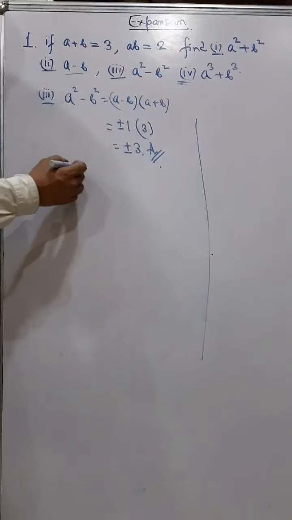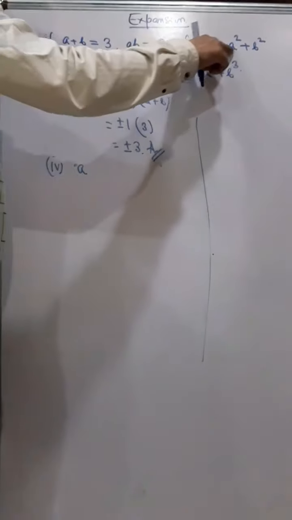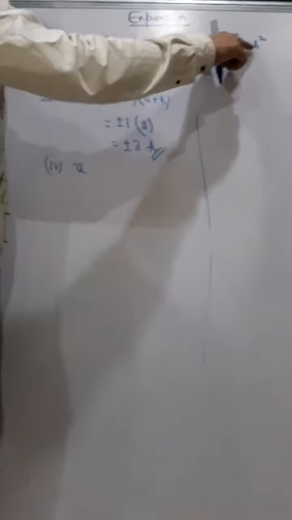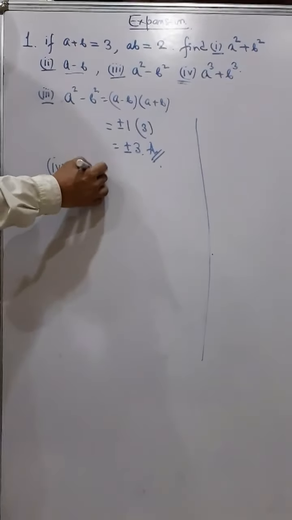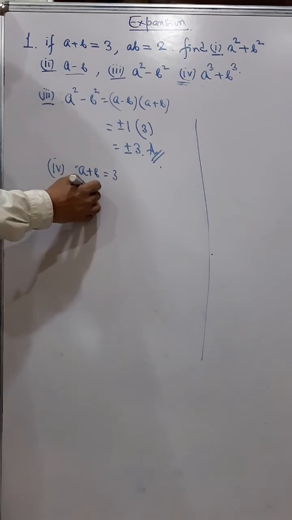Now number 4, again we have to find a cube plus b cube. So for a cube plus b cube, just like when we have to find a square plus b square, we used to do squaring both sides. When they tell me a cube plus b cube, we will do cubing both sides. So a plus b is equal to 3, we can do cubing both sides.